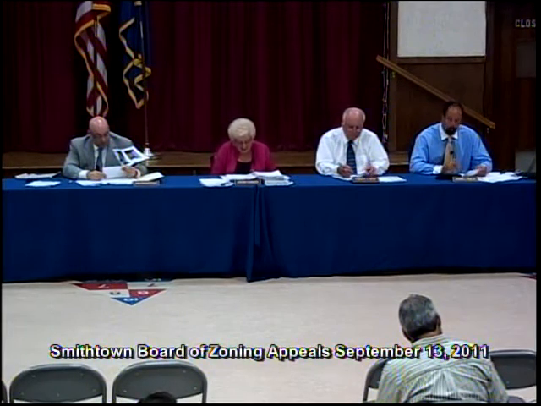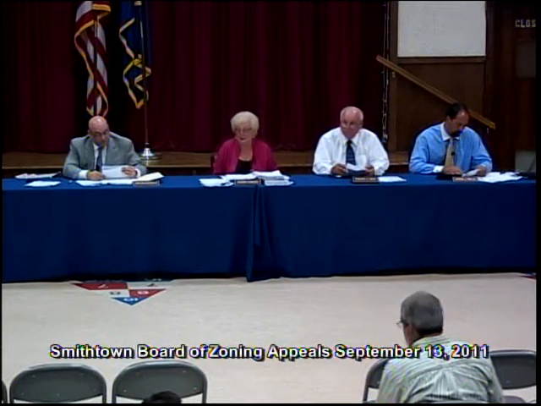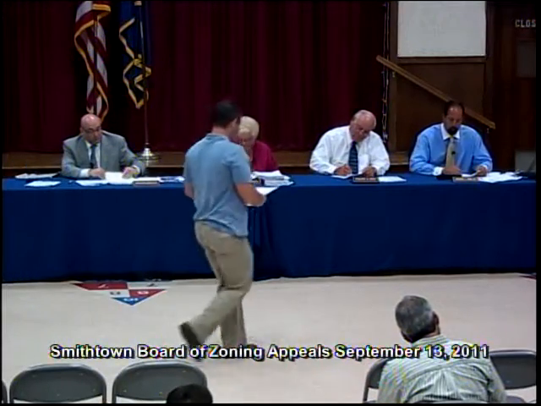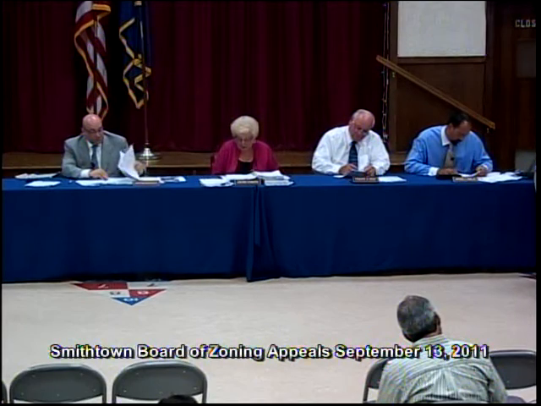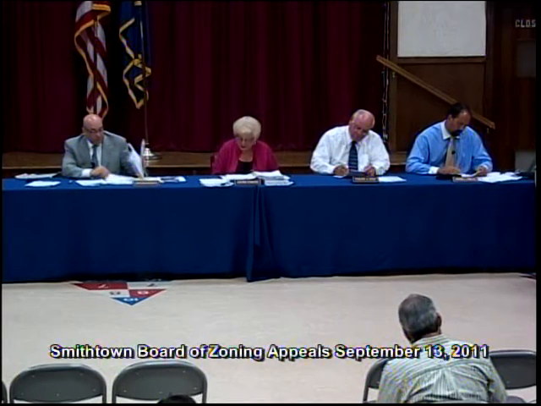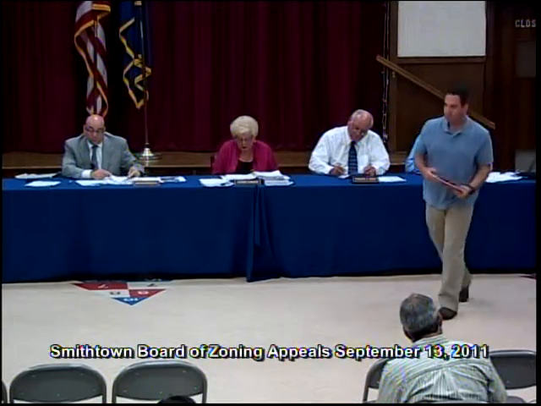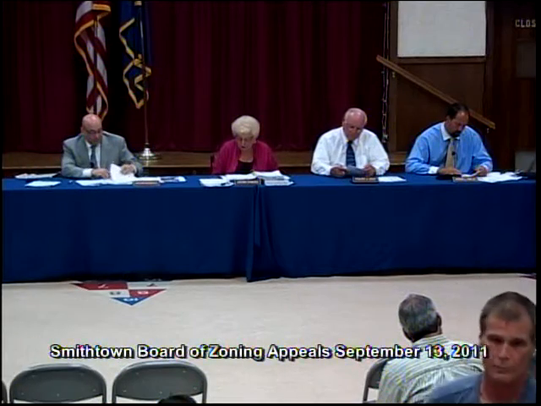Next case is case 16503, Joshua and Jamie Glass. Good, you're here. 30 Rainbow Drive, Hauppauge, south side of Rainbow Drive, east of Miami Place, property zone R15. Request variance to reduce the rear yard setback from 60 feet to 51 for a proposed 368 square foot first floor addition.